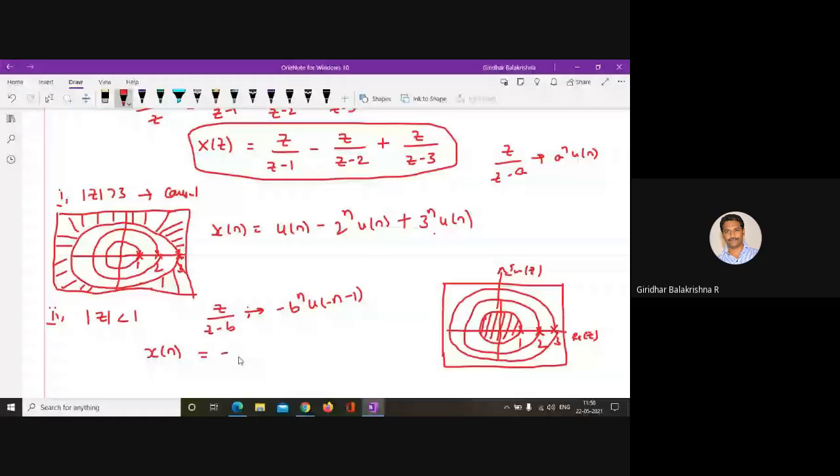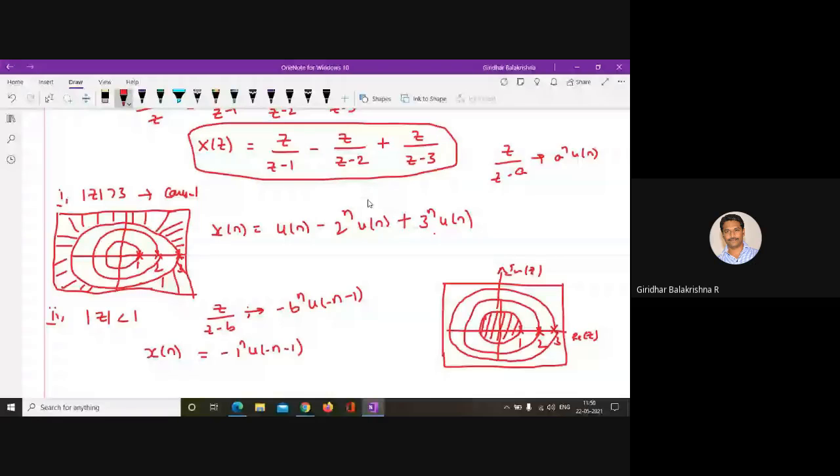Minus b power n. In the place of b, we have 1 here. Therefore, minus 1 power n into u of minus n minus 1. Are you following? Yes, sir. Okay.